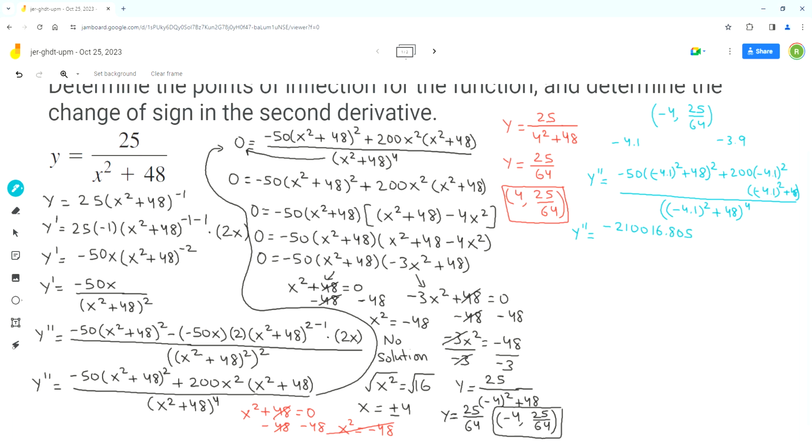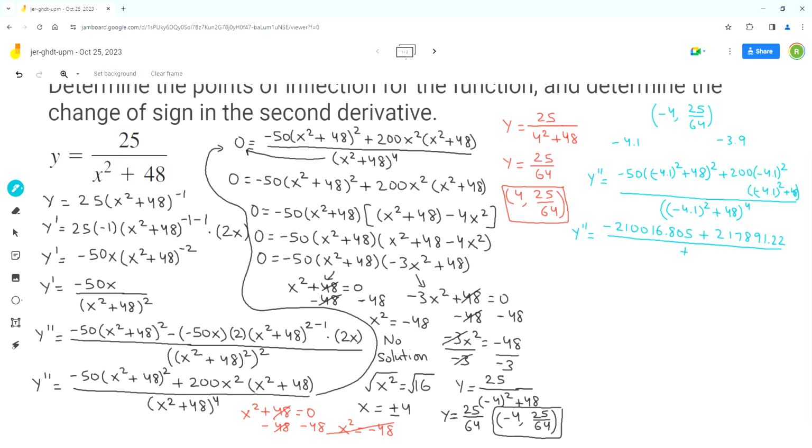and then on the other side, we got 200 times negative 4.1 squared, and then parentheses, negative 4.1 squared plus 48, and then close the parentheses. So I got 217,891.22 over a positive value.